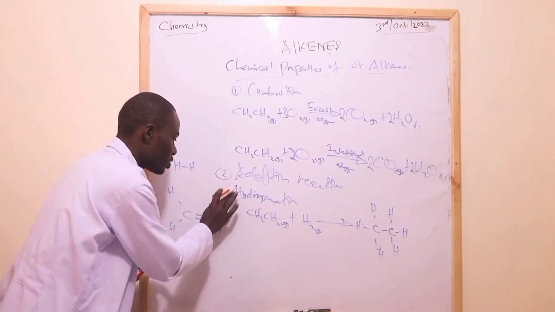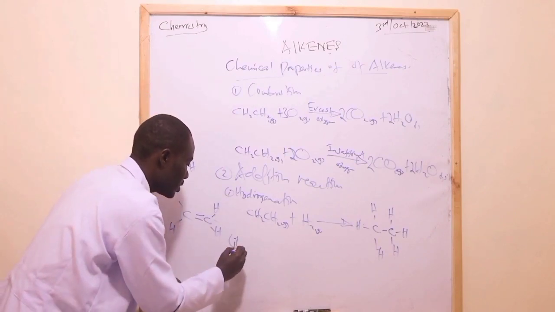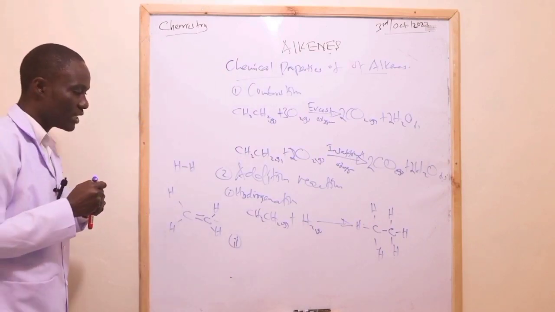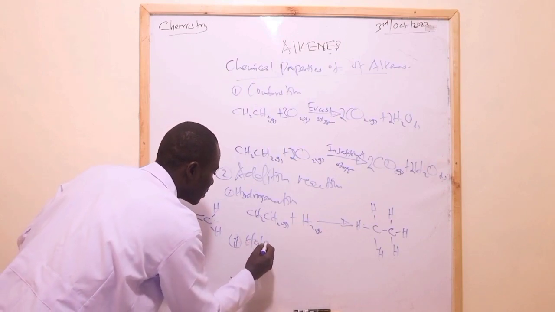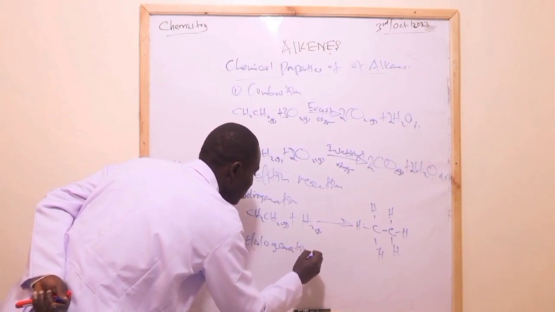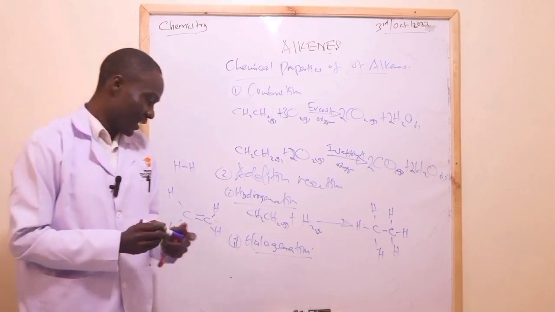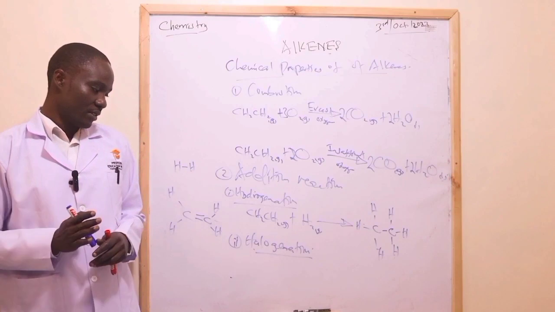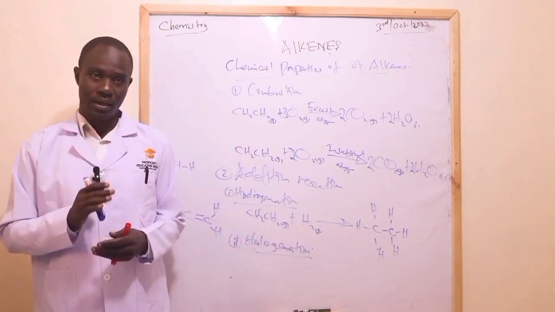Now, this is Roman 1, hydrogenation reaction. Roman 2, type of addition reaction, we have halogenation. Halogenation reaction comes from the word halogen, and halogen is the chemical name of the members of group 7, including fluorine, chlorine, bromine, and iodine.